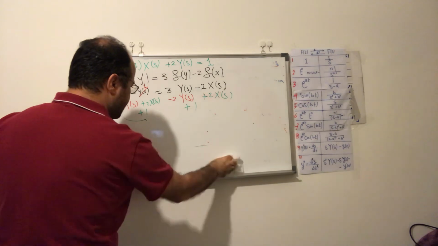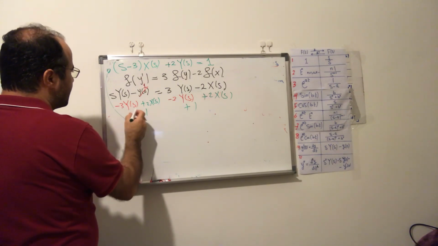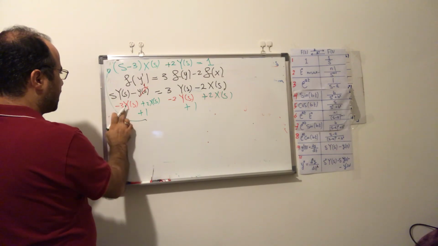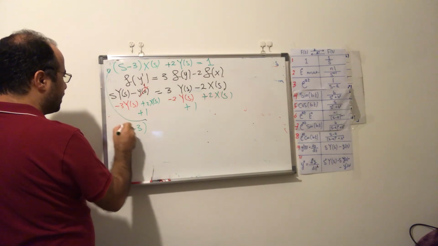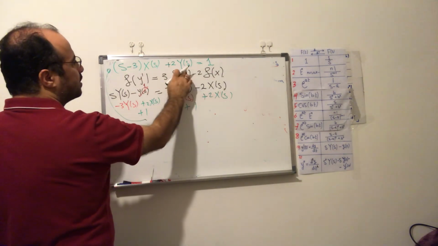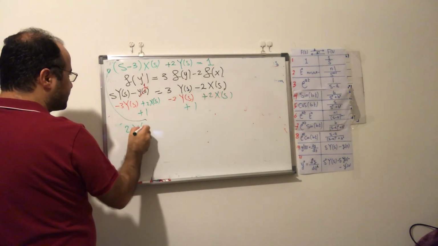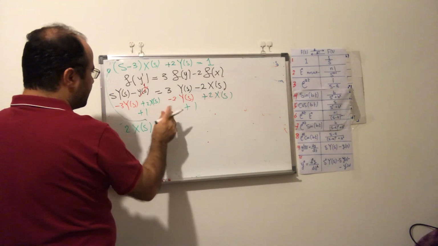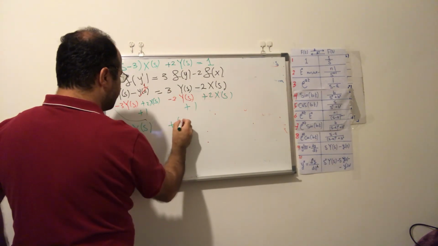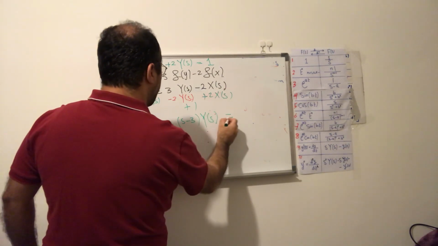I will write it in green, because the two green equations will be solved now. The second one will be, let me start with x, it's better to start with x because here we have x and then y. Then I'm going to have 2Xs, and then I'm going to have s minus 3 Ys, and then equal to 1.